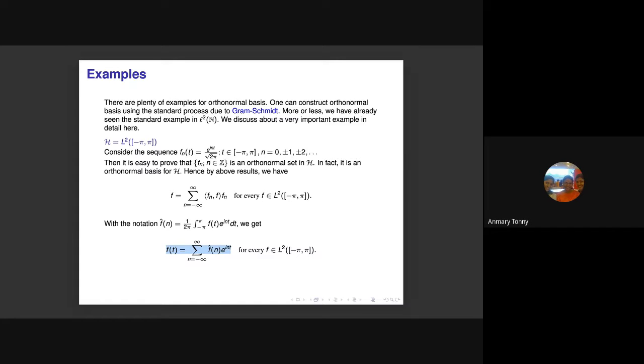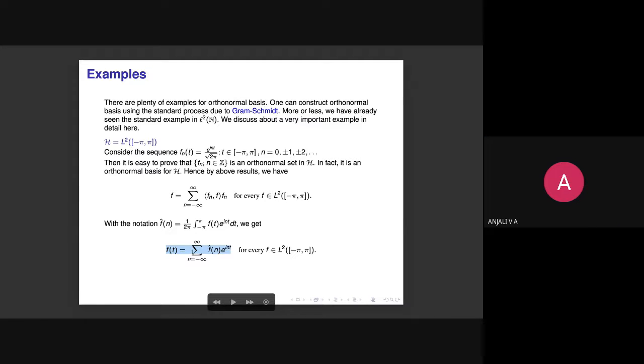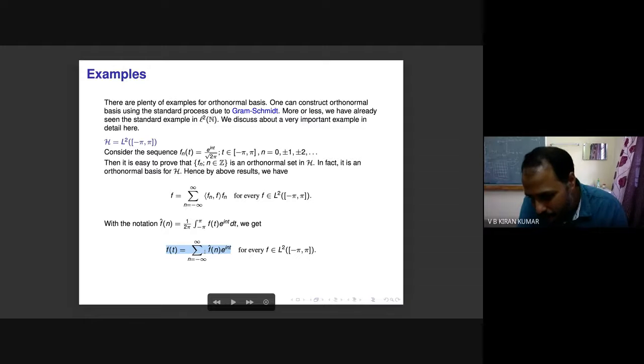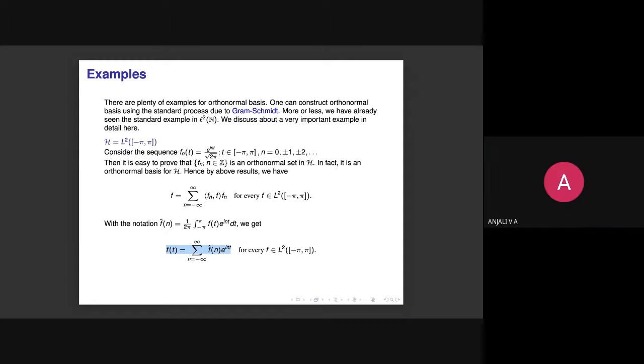The function belongs to L2(-pi, pi). Yeah? Louder. It tells you that we can write it, you take the nth partial sum, isn't it? Come on. f can be written as a limit of. Yeah, but what limit?